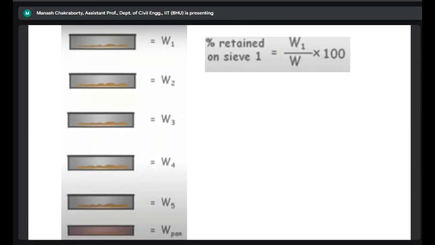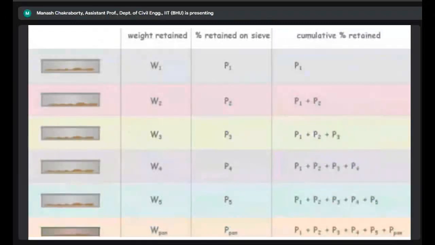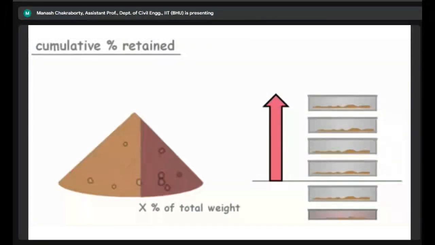What is the percent retained on the first sieve, the second sieve, that we calculate. And our objective is to obtain how much percent is finer than a particular sieve, right?